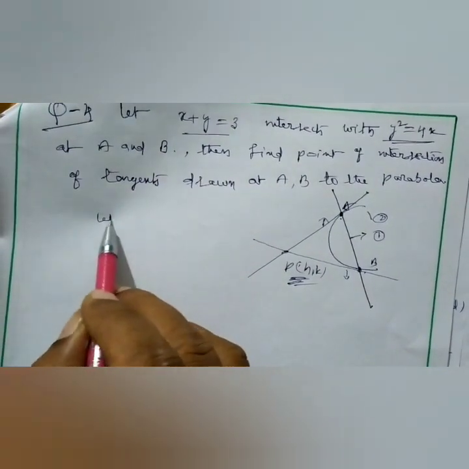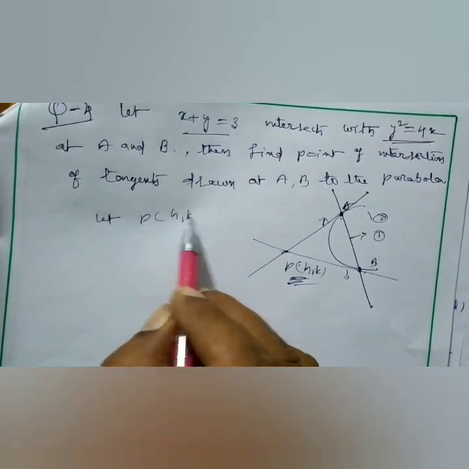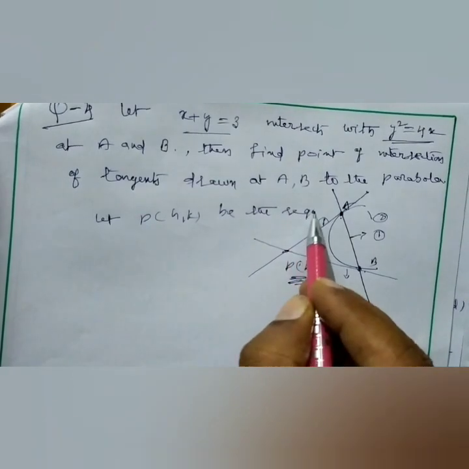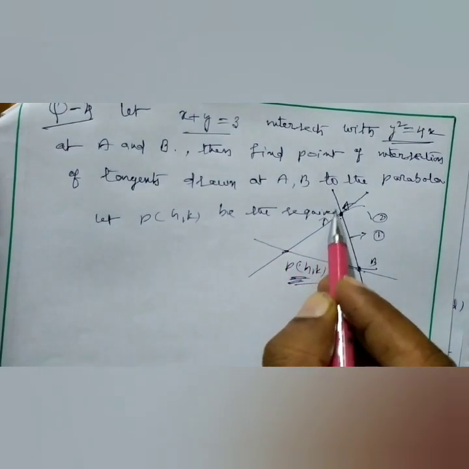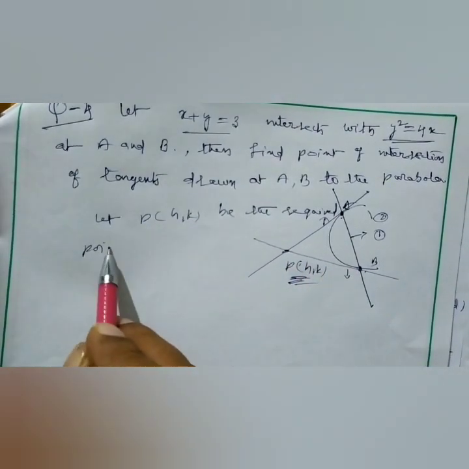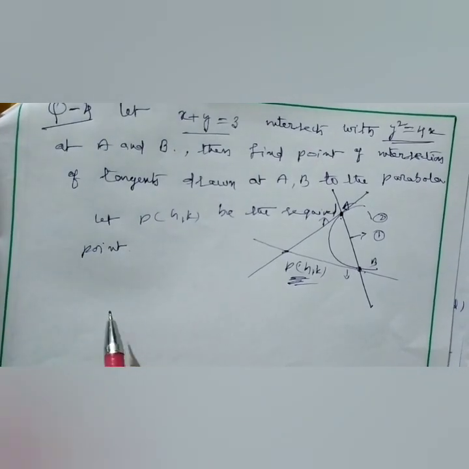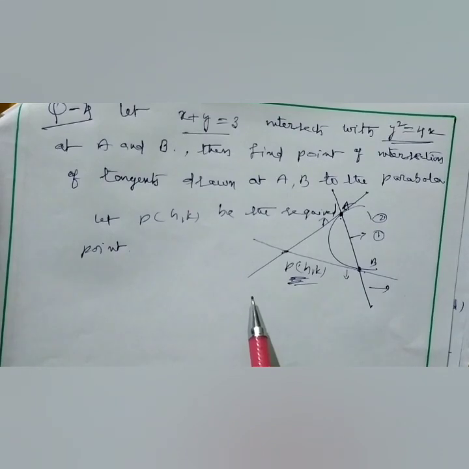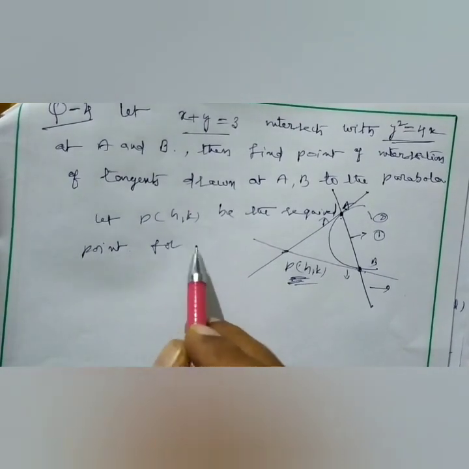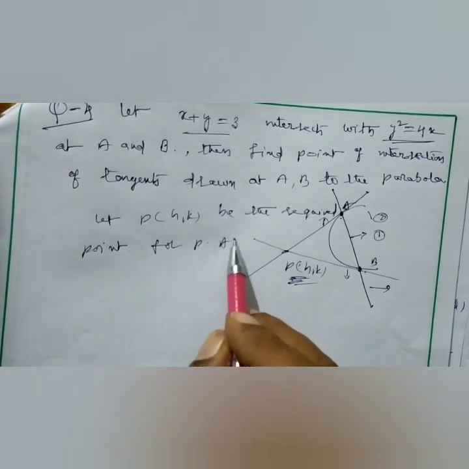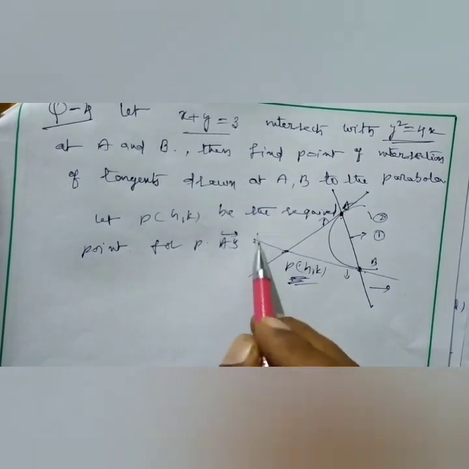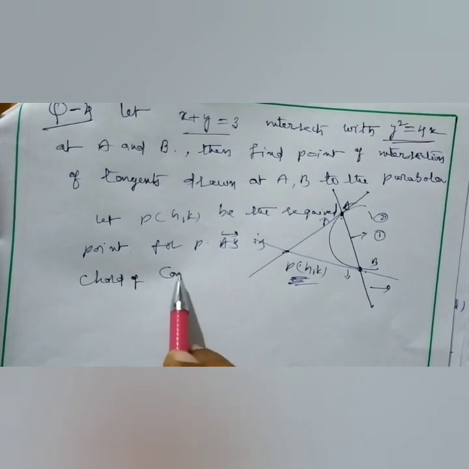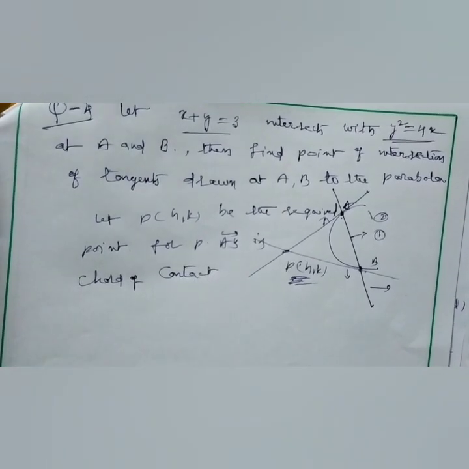Let us assume P(h, k) be the required point. For this P, this line AB is the chord of contact. For P, the line AB is the chord of contact. So what should we do?